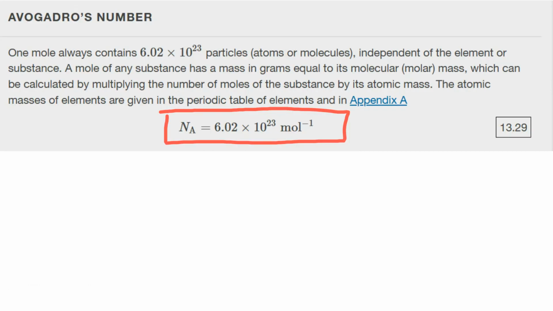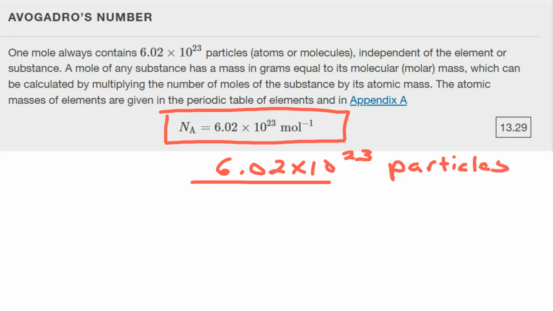And so that's how many molecules. It's like saying 6.02 times 10 to the 23rd parts or particles per what? Per 1 mole.